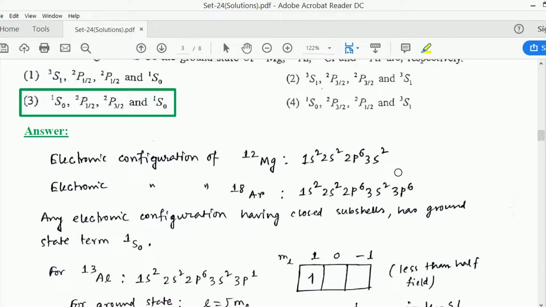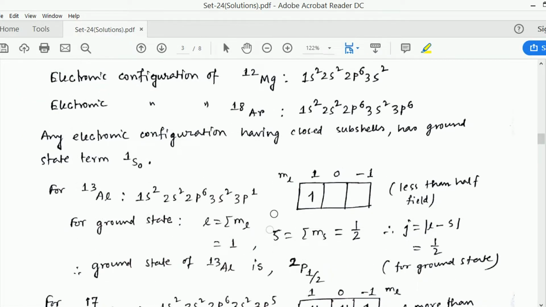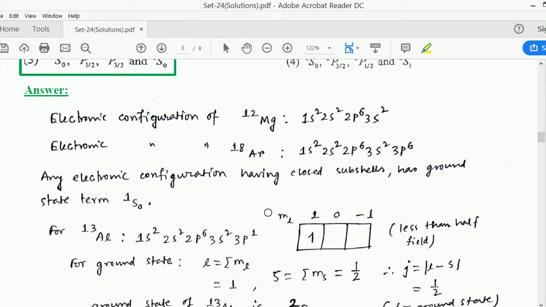If it has a closed subshell, then the ground state term will be 1S0. Otherwise, if it has an odd number of electrons in the last subshell, then we have to use a different approach. For 12 magnesium and 18 argon, the last subshell is closed.